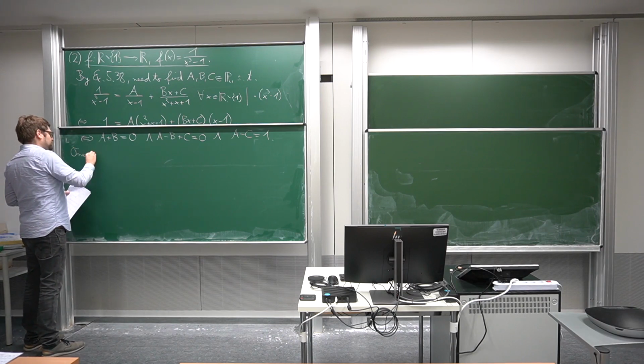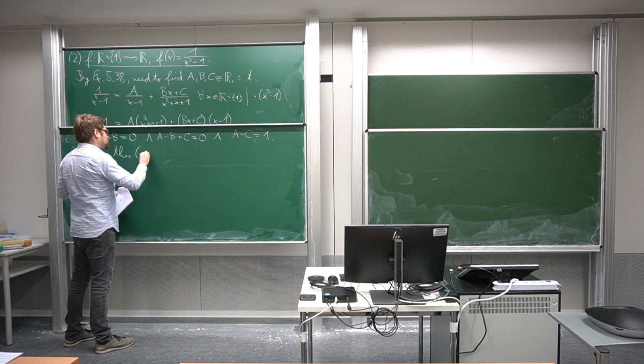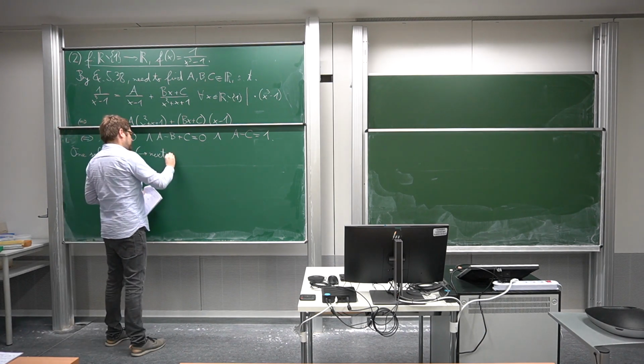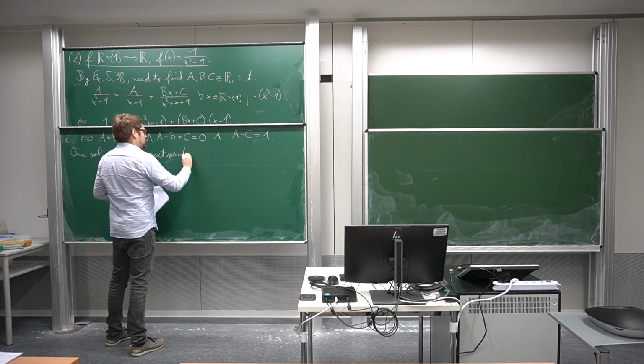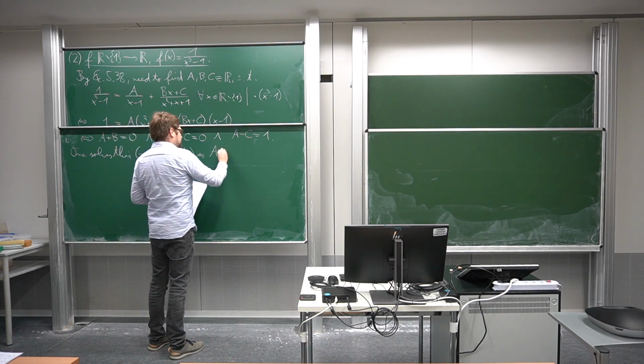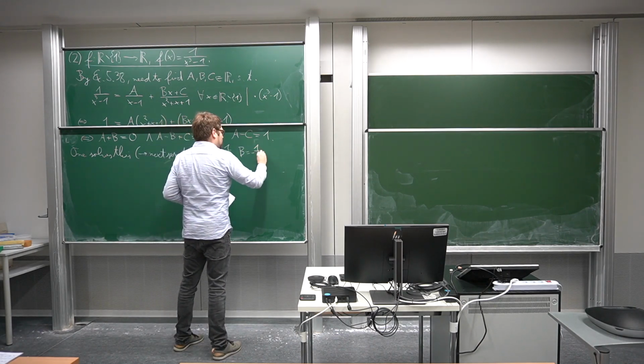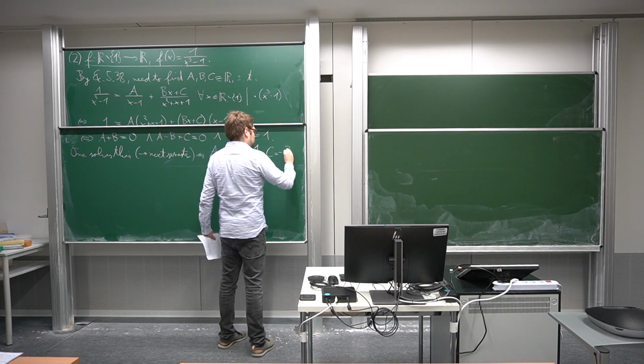There's a unique solution, and the general procedure is done next semester in Mathematics 2, in linear algebra. The solution is a equals 1/3, b equals minus 1/3, and c is minus 2/3.